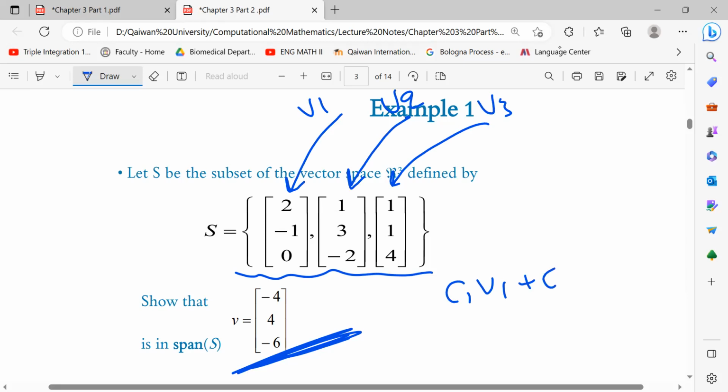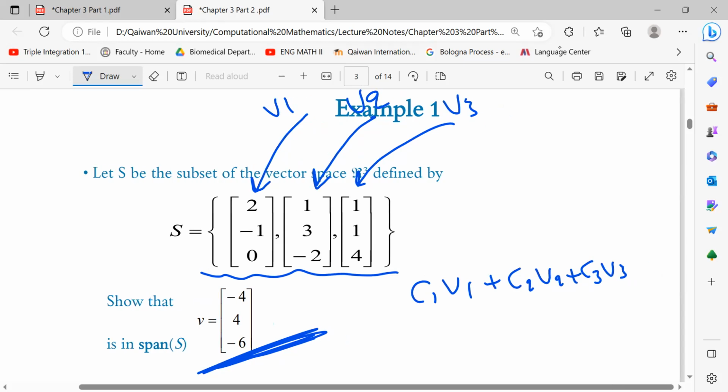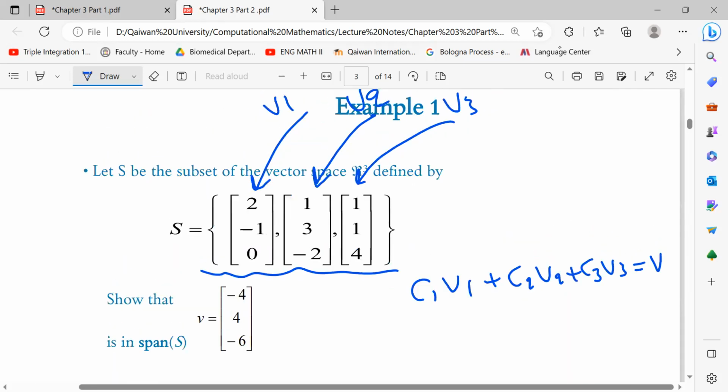C1 V1 plus C2 V2 plus C3 V3 is equal to V, as you see, it's given as V. Now we find the values of C1, C2, and C3. If we could get a value for each of C1, C2, C3, it means V is in span S. We can say V is in span S.